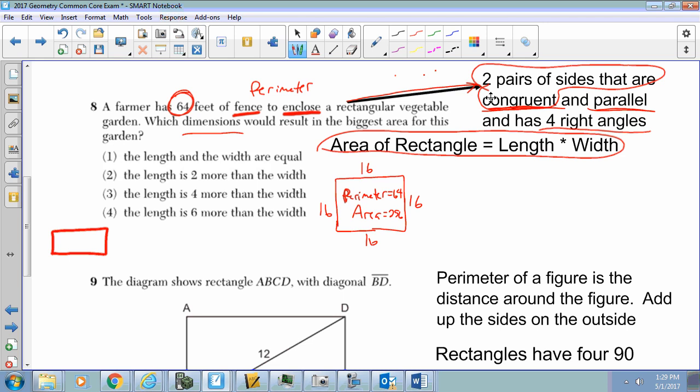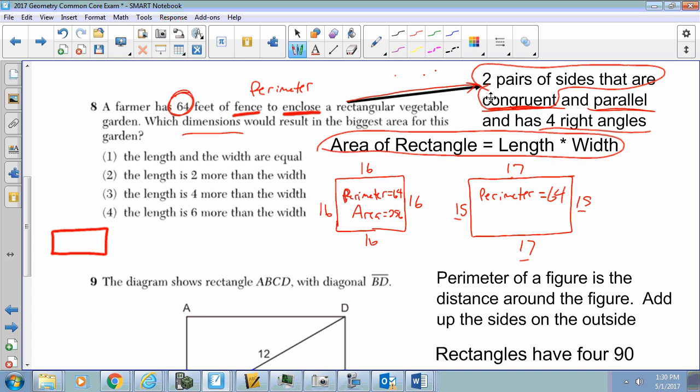Now, what if the length is 2 more than the width? If the length is 2 more than the width, the only way that's possible is if you have these dimensions. So if you have 15 and 17, now, if you add these up, 15 plus 17 plus 15 plus 17 is still your 64.